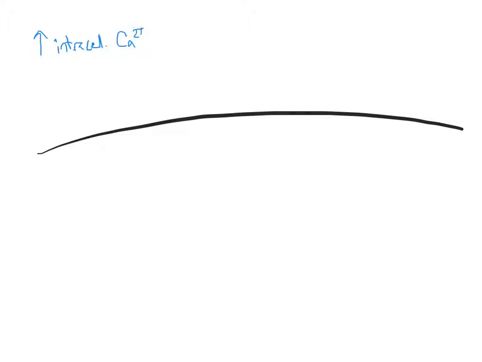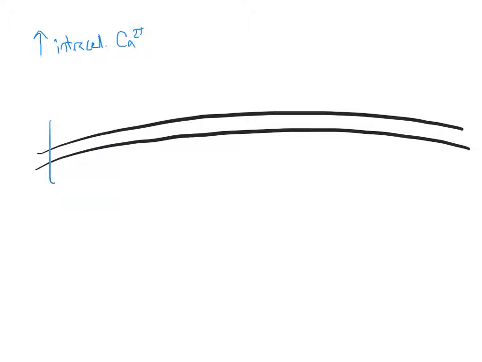The third category of membrane receptor signaling in the endocrine system is the pathway that leads to an increase in intracellular calcium. In this pathway, again, we have our plasma membrane. Again, we have our receptor.